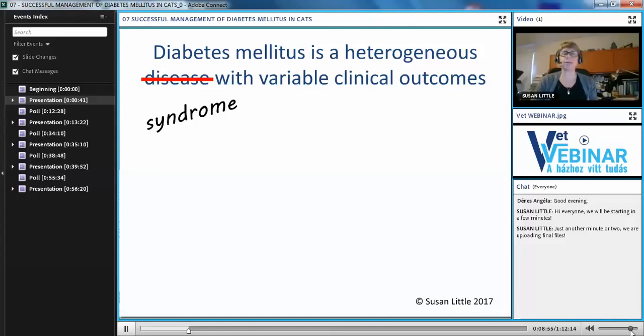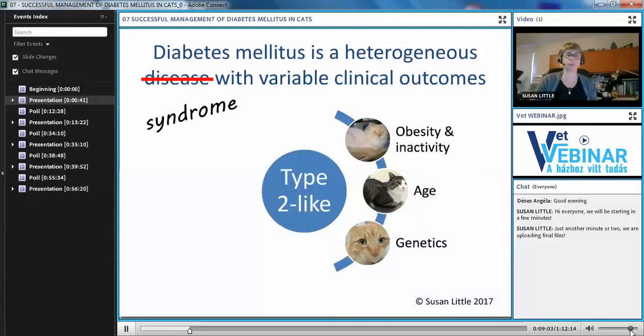We have a lot of variety in our patients and how they get diabetic and then what their clinical outcomes are. In cats, most of our patients would be most similar to the type 2 human patients, so we call them type 2-like diabetic patients.